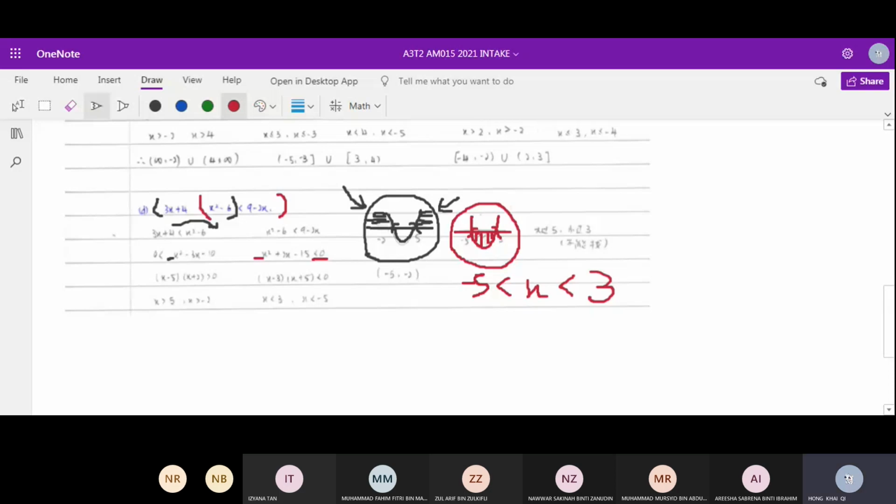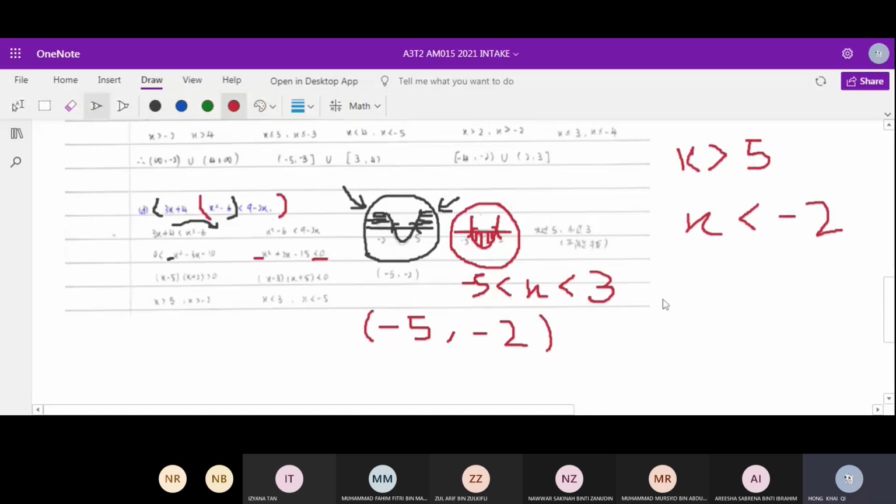So the answer will be negative 5 and negative 2, because here we got x more than 5, x less than negative 2, and x between negative 5 and 3.